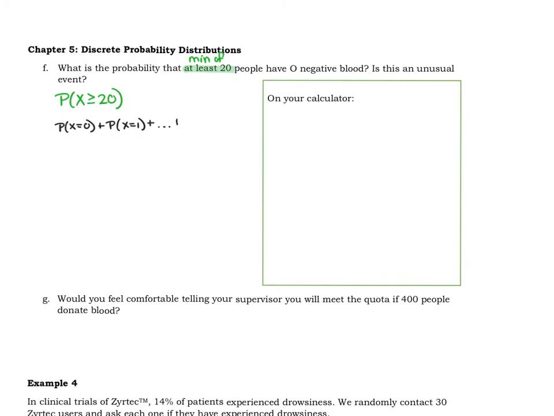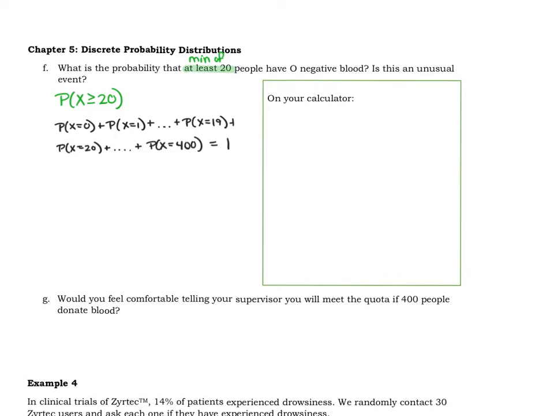We would eventually get up to 19 people, then 20 people have O negative blood, and 21, and so forth. We'd have to go until we get to the probability that 400 people have O negative blood, to get everybody. I want you to think of the stretch of people we are talking about when we say X is greater than or equal to 20.